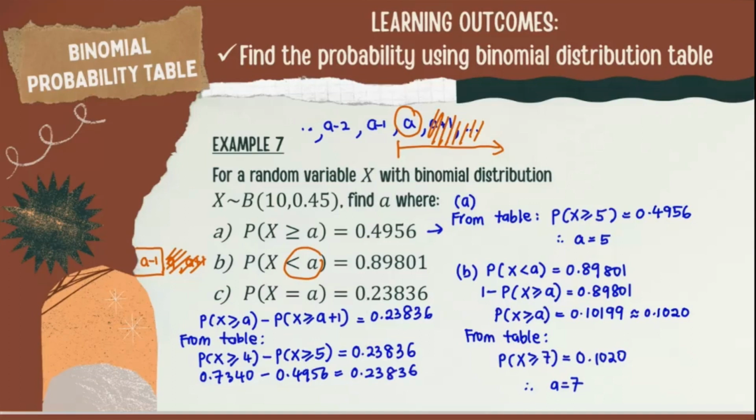Sorry, bukan 836, 84. So therefore automatic kita terus kata A will be equals to 4, settled. Okay. So kalau yang macam tu kita kena try and error lah. So kita dah habis binomial. So that's it for binomial distribution.